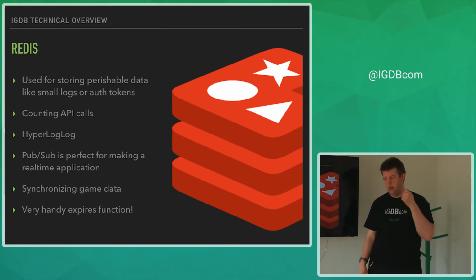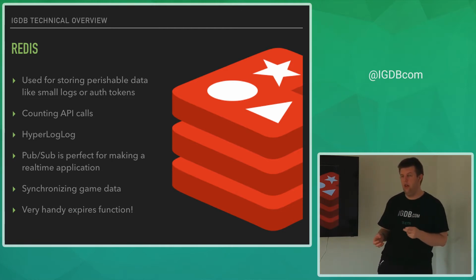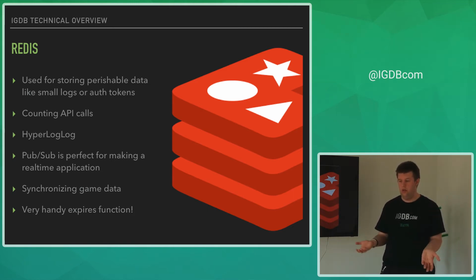Also, it has publisher subscriber, which makes it perfect for real-time applications like chat applications, anything WebSockets. I would totally use it for something like a game server, and synchronizing game data, and so on.